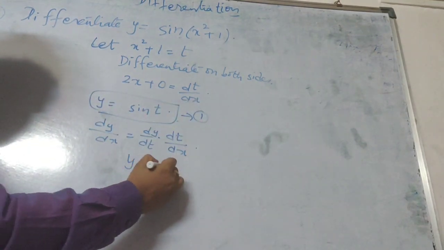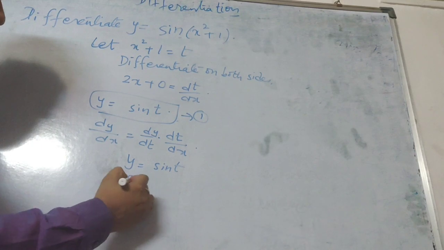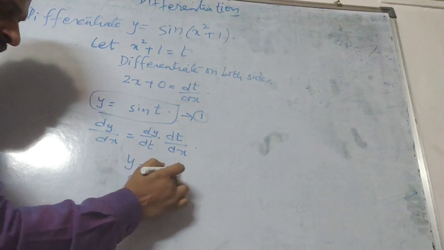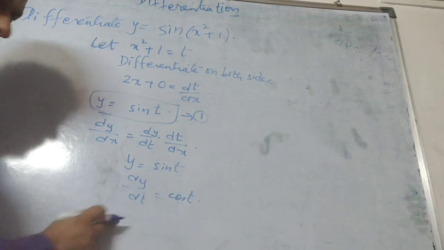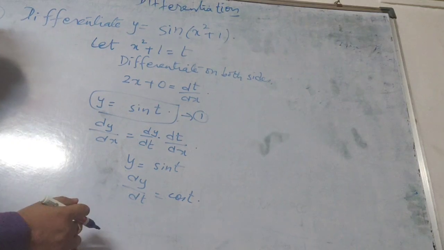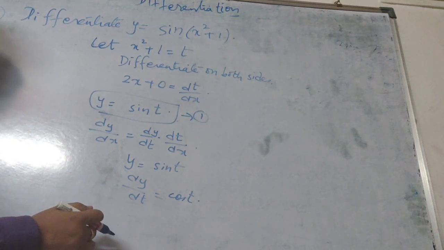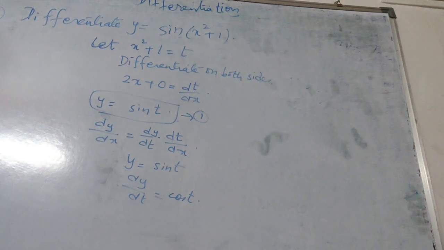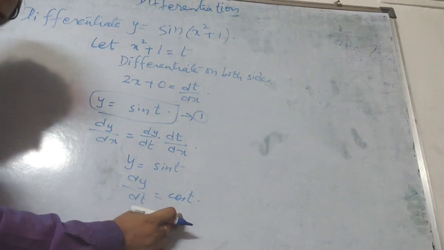So y equal to sine t, dy by dt will be, we are differentiating y with respect to t. Differentiation of sine is cos t. So dy by dt will be cos t. This is your dy by dt is cos t, equation 2.